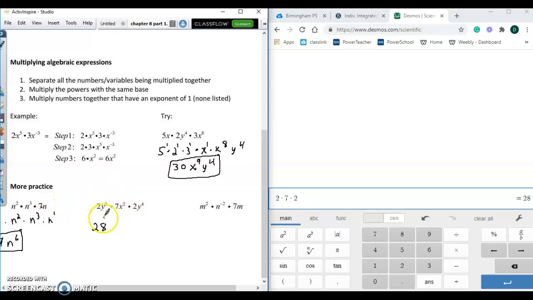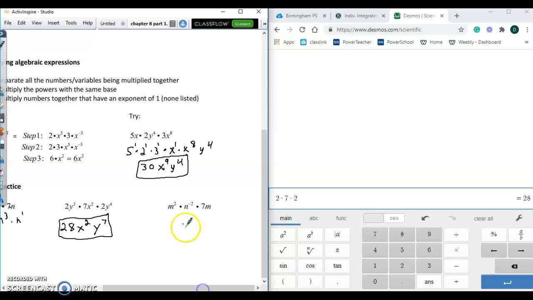Now typically in standard form we list it alphabetical, so I do the x's before the y's. So I have an x. There's no other x's in this problem, so that's just going to remain x to the 2nd power. And then we have a y to the 3rd and a y to the 4th. 4 plus 3, right? So we do y to the 7th power. That is our final answer.